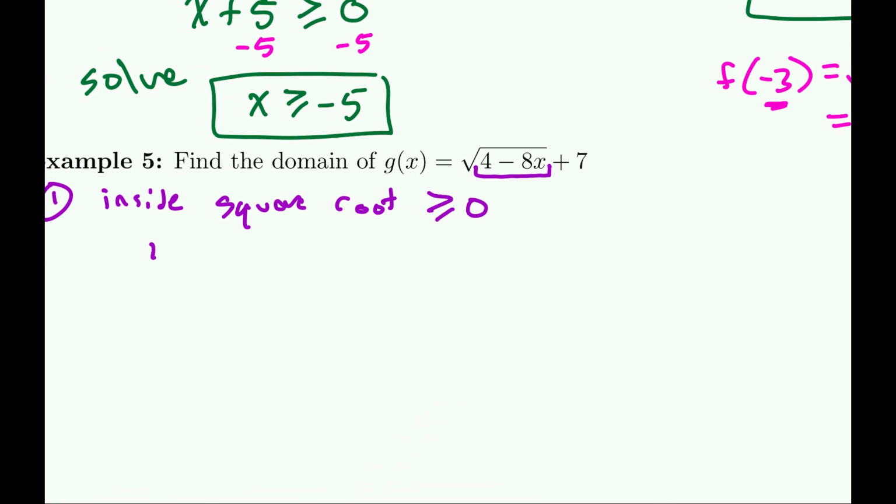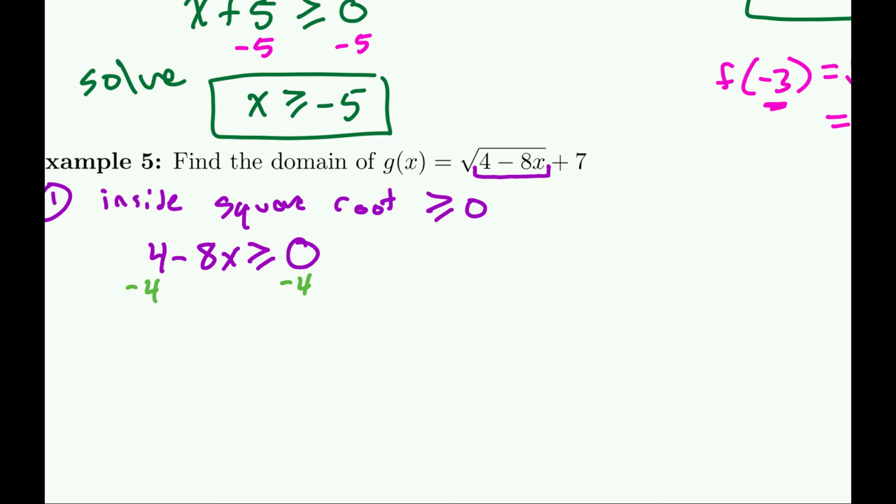So 4 minus 8x should be greater than or equal to 0. And then you solve this by hand. It's not going to be that hard. I mean, you could type it into Wolfram. To solve this by hand, I'll do minus 4, so negative 8x, greater than or equal to negative 4.